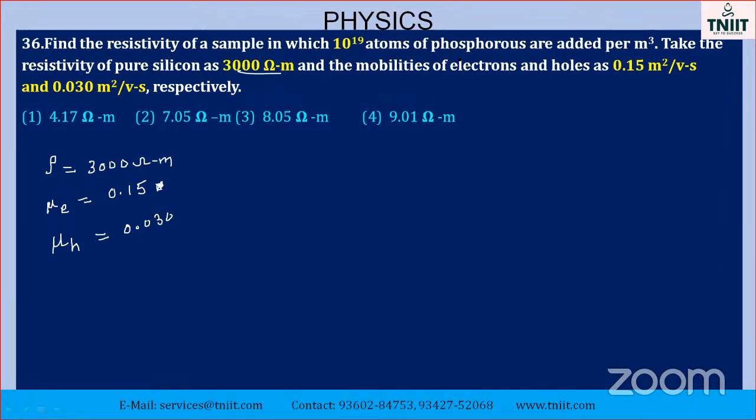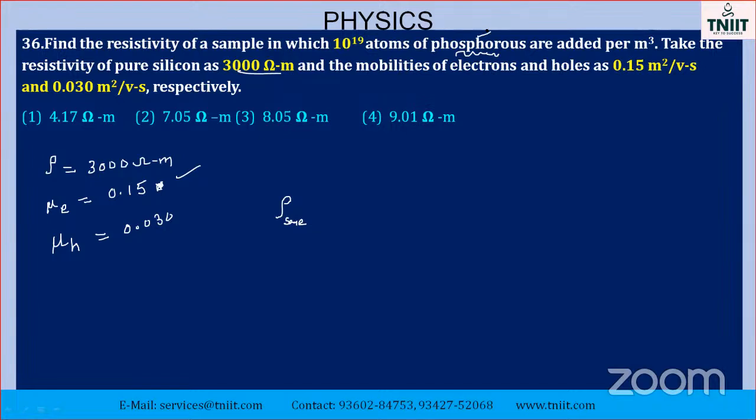Anyway, they have given phosphorus. Definitely phosphorus means pentavalent. It will be an N-type. Electrons are the majority charge carriers. Now, you have to find the resistivity of the sample, which contains 10 power 19 atoms of phosphorus.